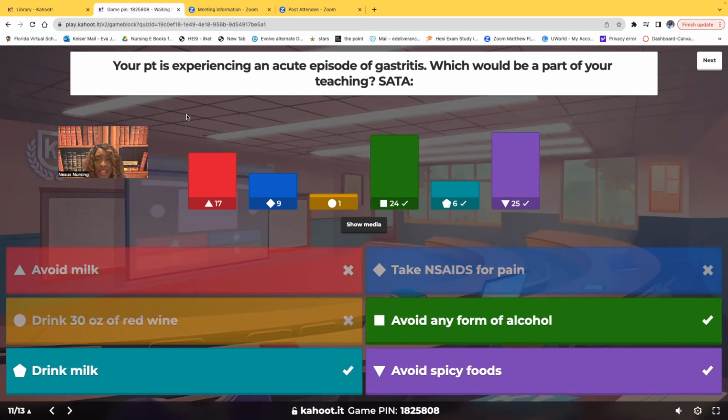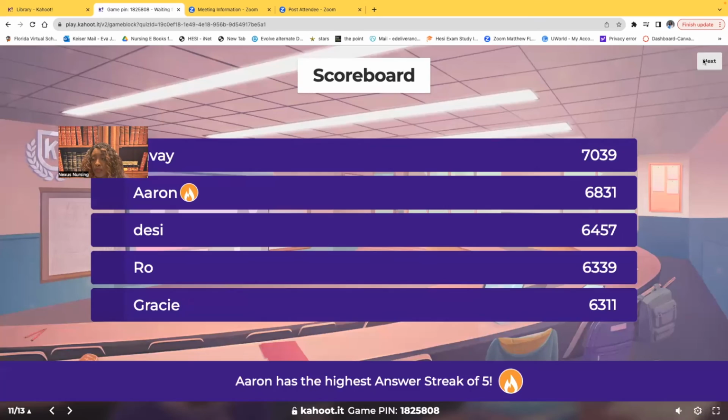If a patient has to get NSAIDs, you're going to give it with food. So if the patient's already experiencing gastritis, why would we give them something that can cause a stomach ulcer when that lining's already inflamed? That's a no-no. So that's why that's not the answer. And you guys already know we're not going to tell that patient to drink 30 ounces of red wine. Stop it. So now you guys know about acute gastritis. Let's move on.